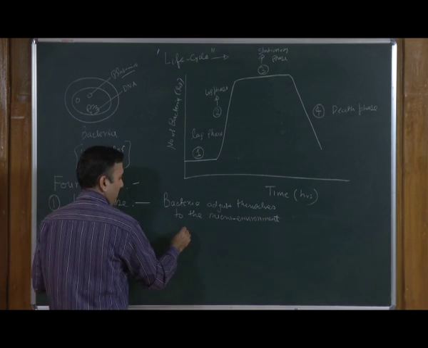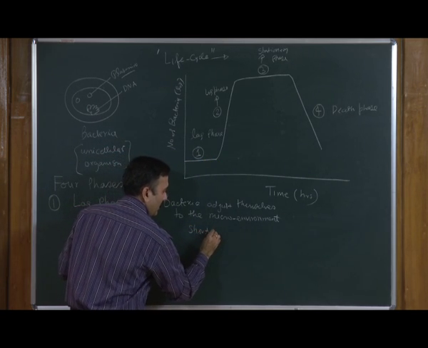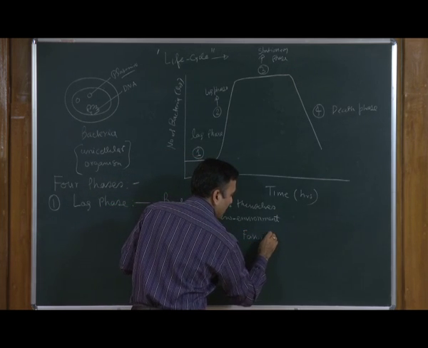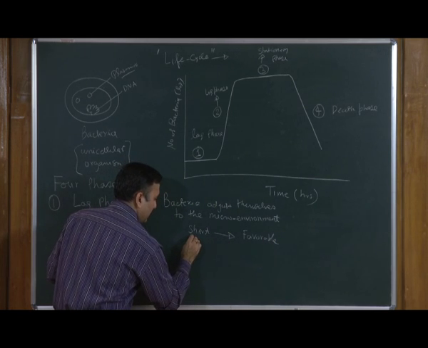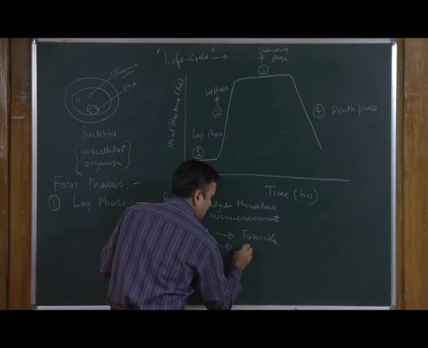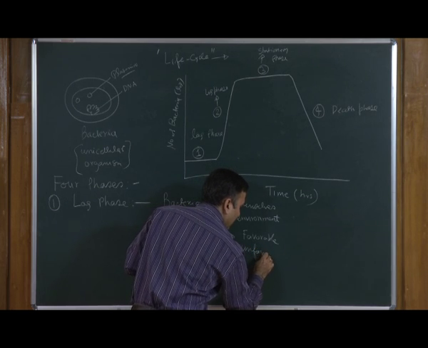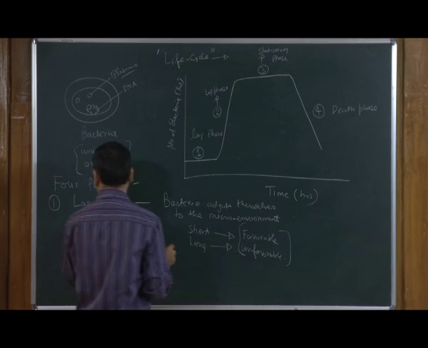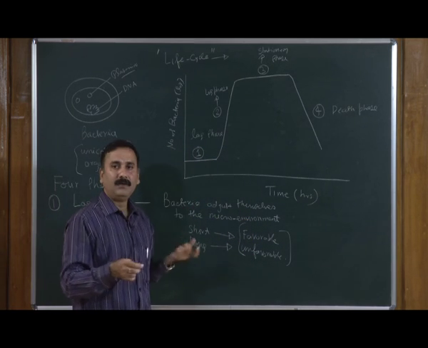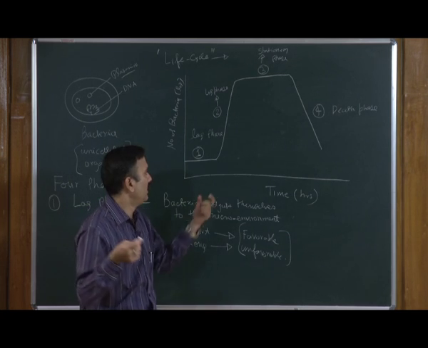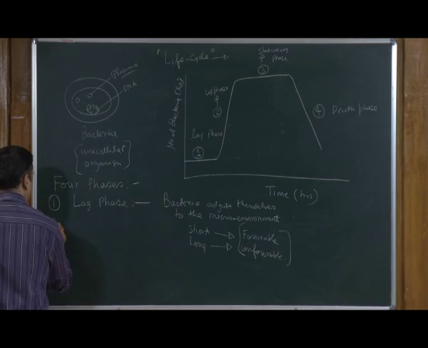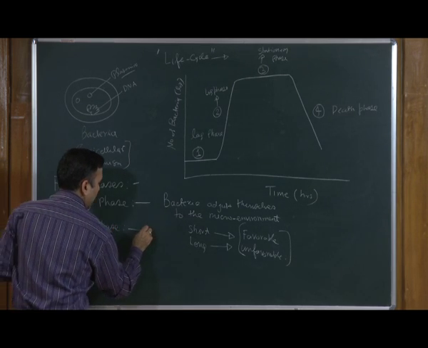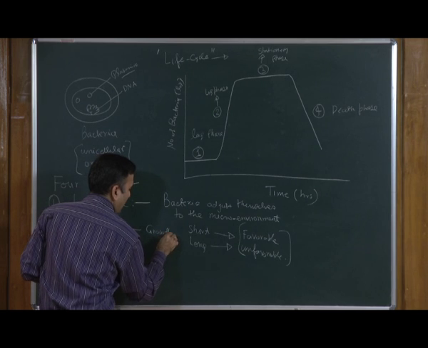So, this phase will be short if the conditions are favorable, and long if the conditions are unfavorable. After that, once it gets adjusted, it starts increasing its number, and that is called the log phase. So, this is actually a growth phase.